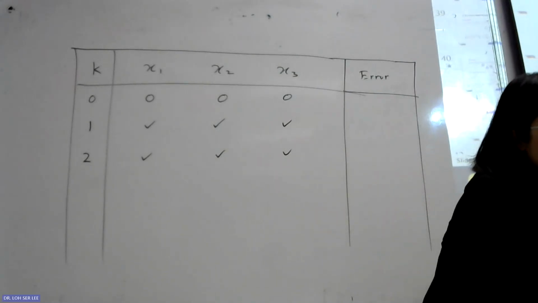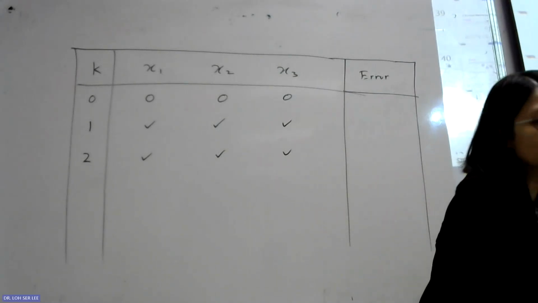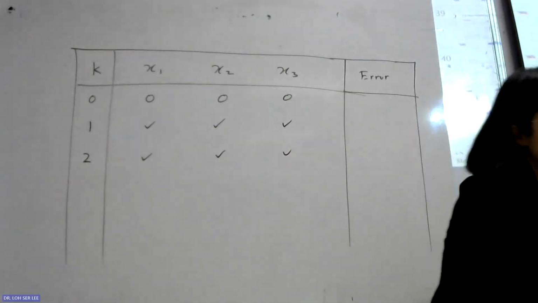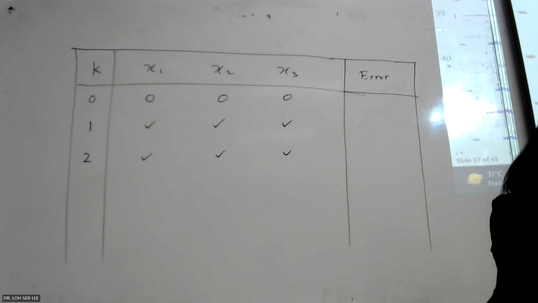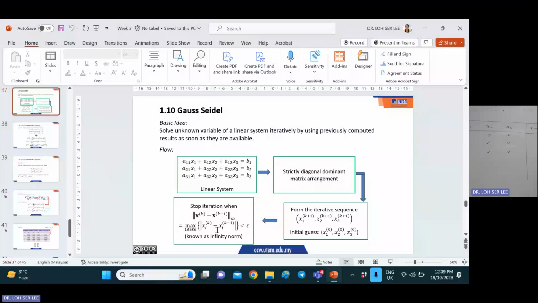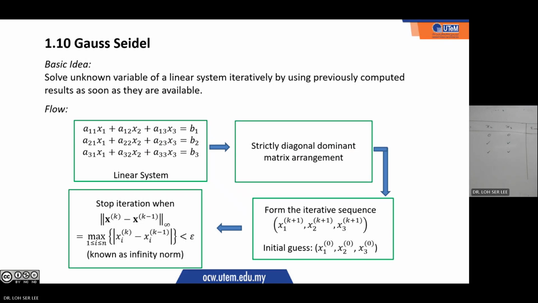Okay, and next, this one, error. If you look at this one on the screen, this one means we will use xk minus xk minus 1.